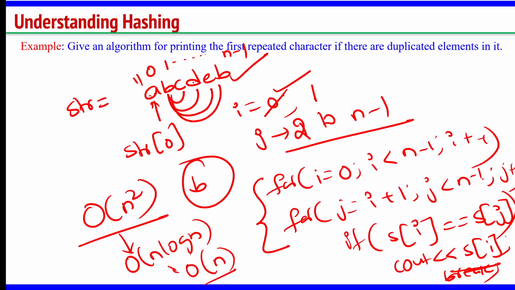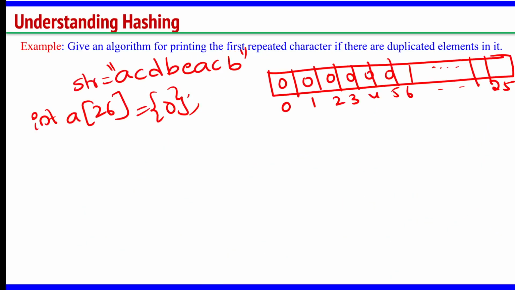Can we reduce this? Please try. Instead of using two for loops to print the first repeated character, what can we do here?